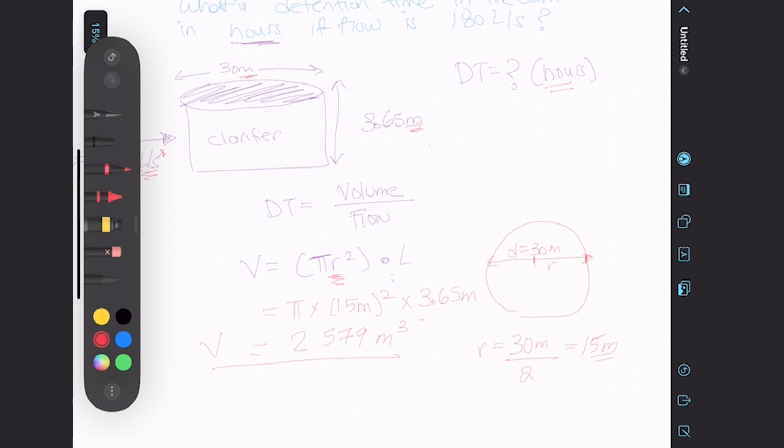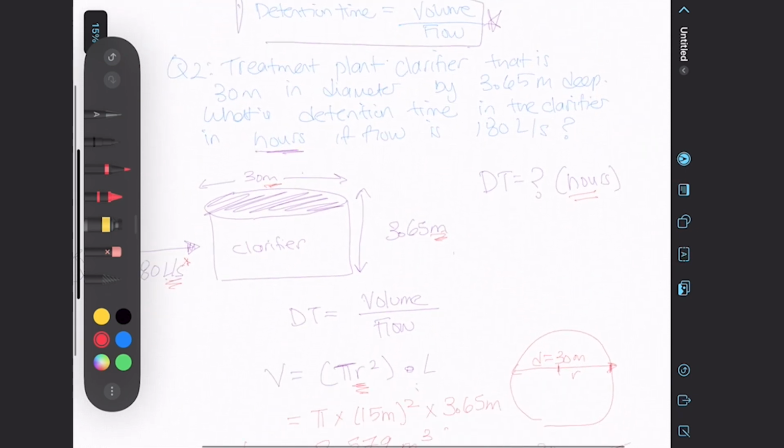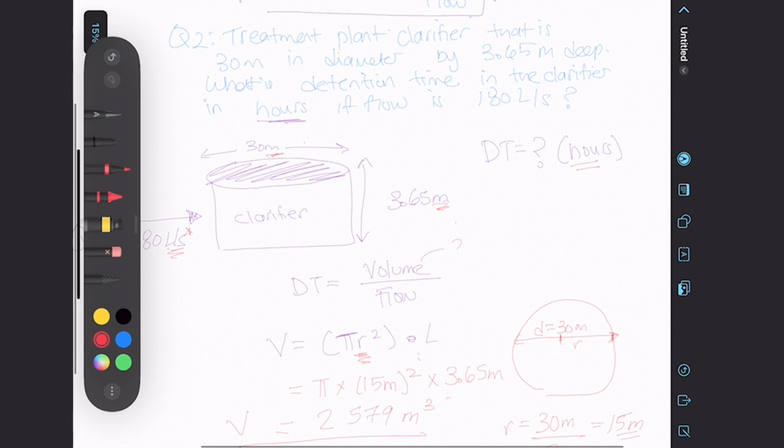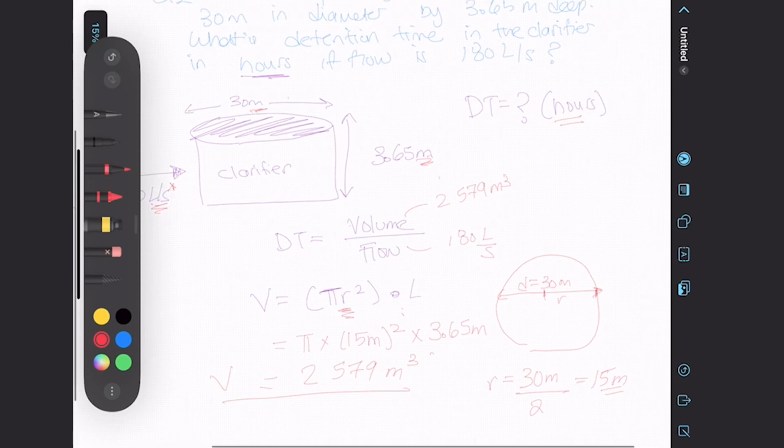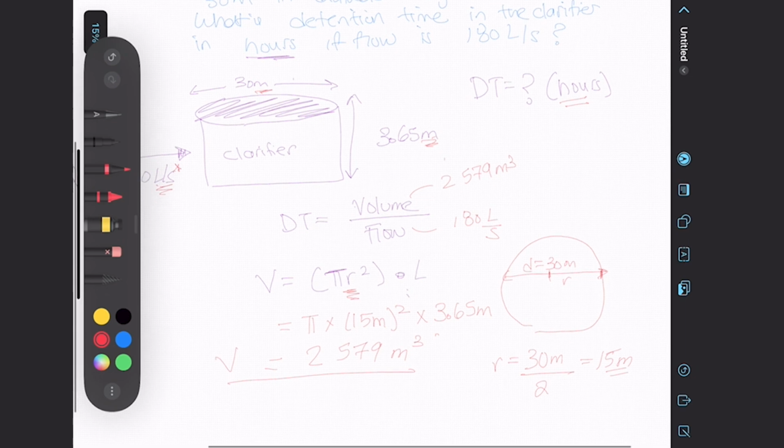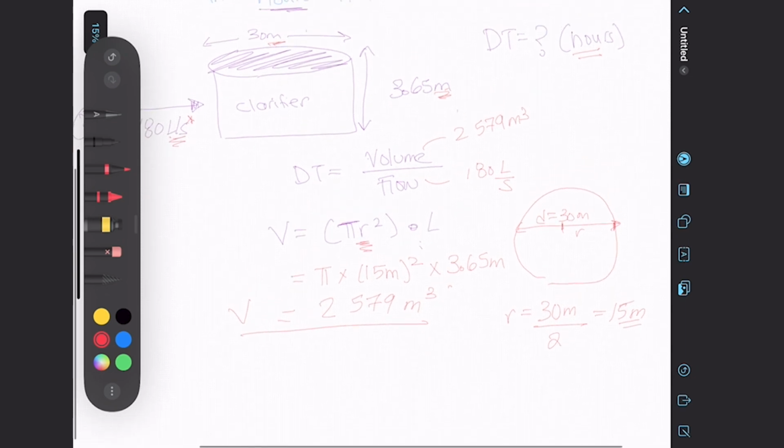Okay, perfect. So we go back to the formula that we're given and we know that we have our volume. And now we're looking for our flow. So our flow we're given as 180 liters per second. Now I know that if I want to use this formula, I'm going to need all my units to be the same. So I'm going to convert my flow into meter cubes.